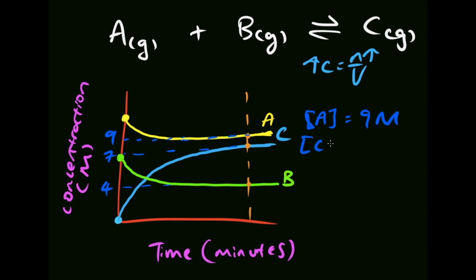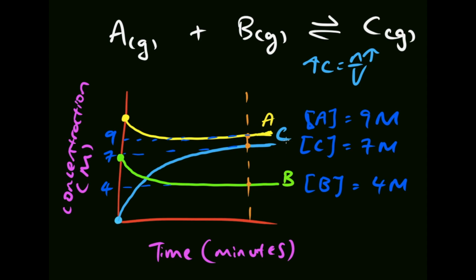The concentration of C is around 7 moles per liter, and the concentration of B is around 4 moles per liter. So the point that I want to get across is that at equilibrium, the concentration of each species is constant, as shown here.